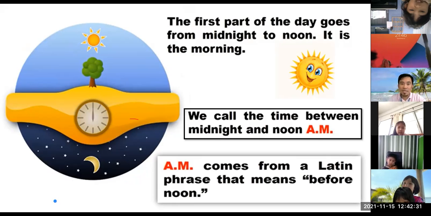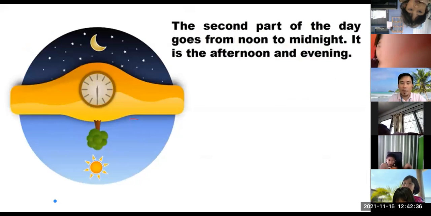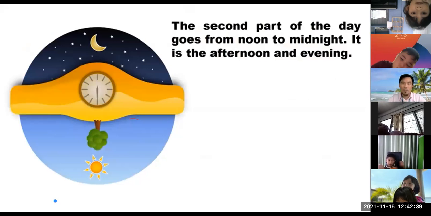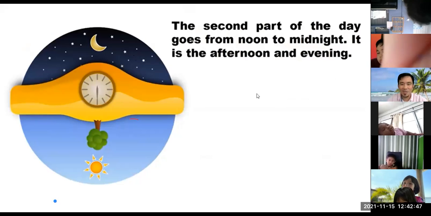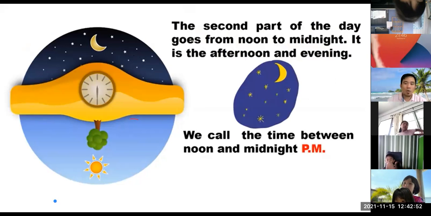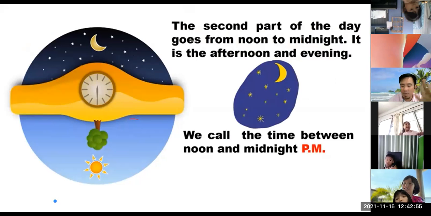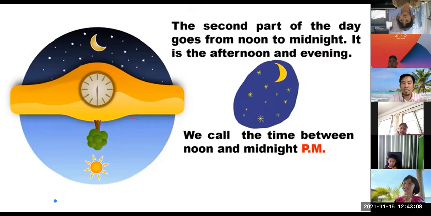From midnight up to noon is AM, but the second part, noon to midnight, is the afternoon and evening. We call the time between noon and midnight PM.